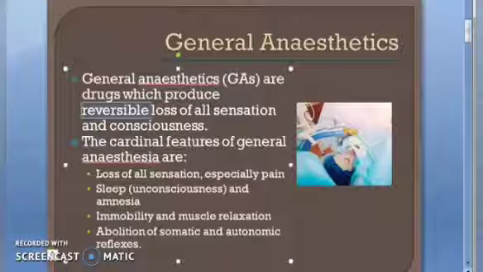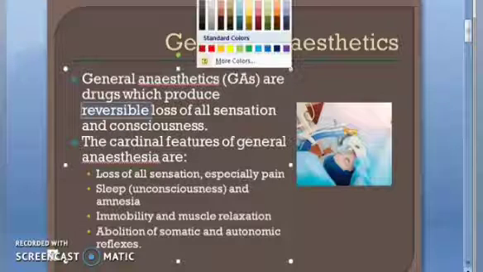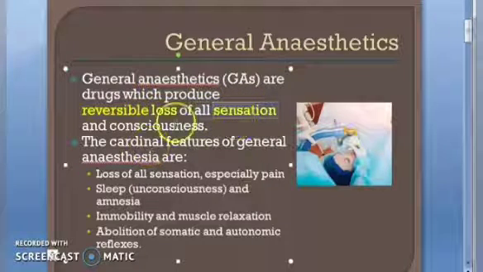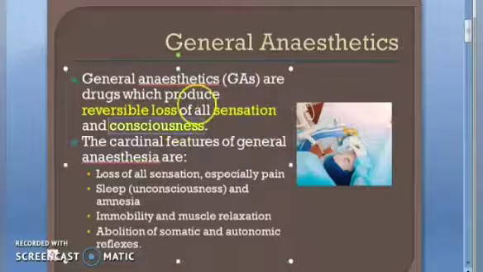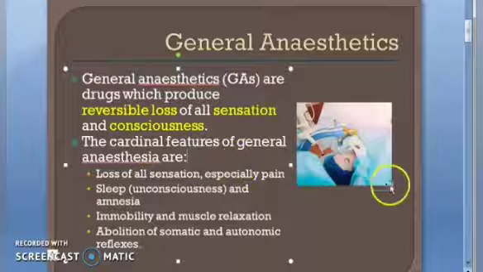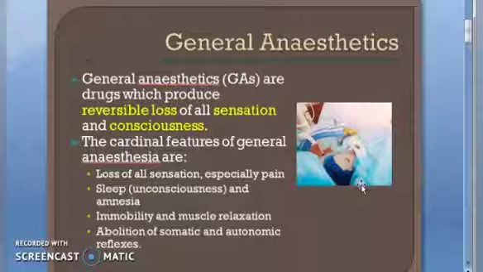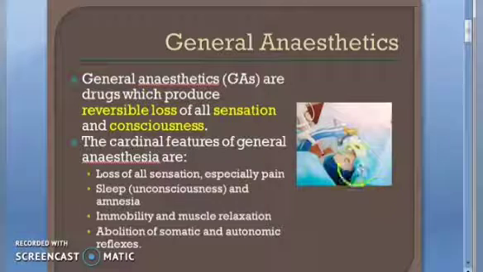See this word, reversible loss of all sensation and consciousness. So, you will be able to tell the definition of general anesthetics, right? Drugs used to produce reversible loss of sensation and consciousness.